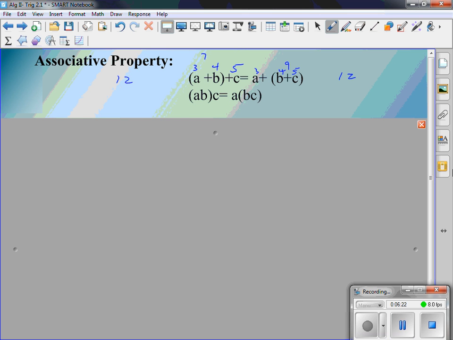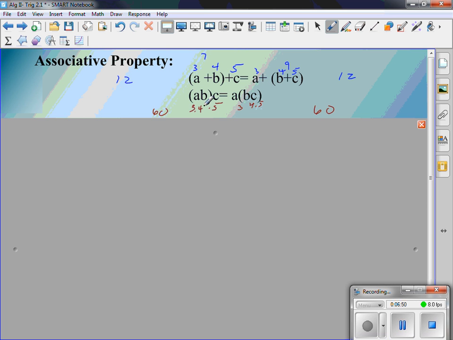I use the same numbers. 3 times 4 times 5. What's 3 times 4? 12. What's 12 times 5? 60. Over here I have 3 times 4 times 5. What's 4 times 5? 20, and 20 times 3 is 60. Which one was easier to do mathematically?